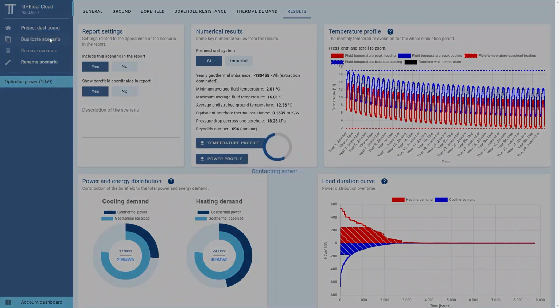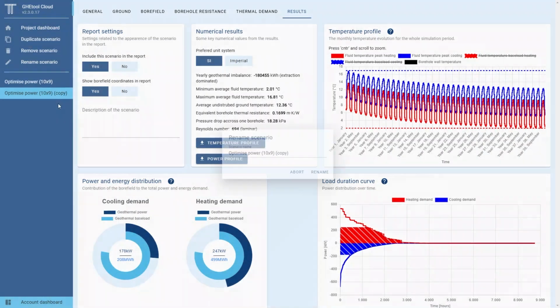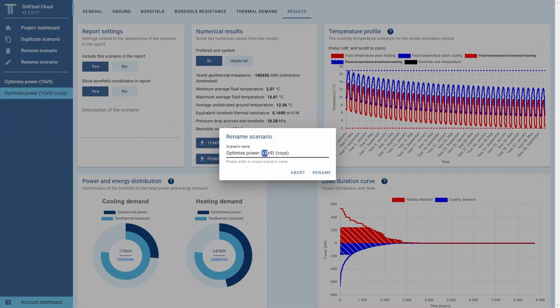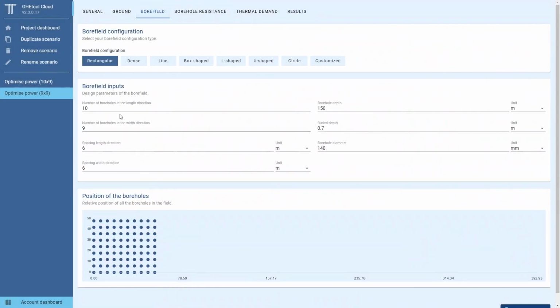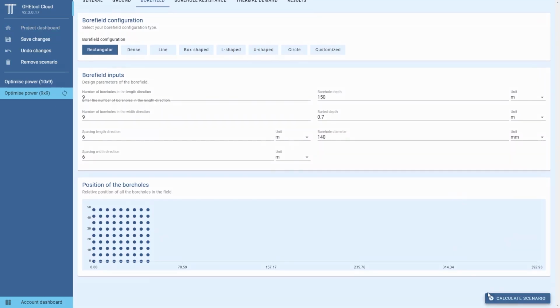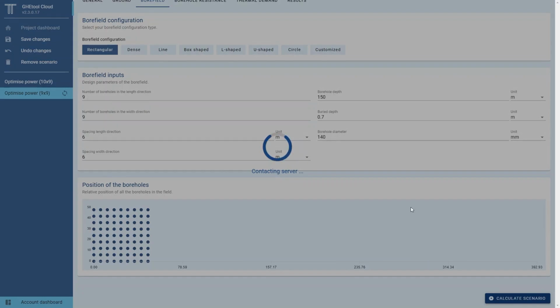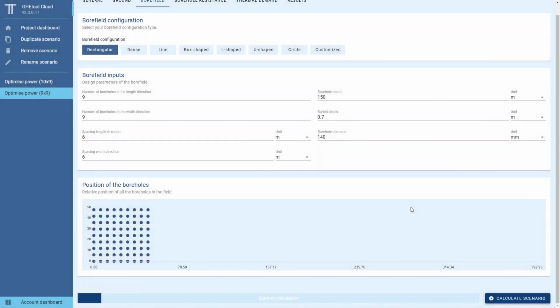So if we duplicate the scenario and we say, well, now use a 9/9, we rename the scenario. We go over to a bore field and we now say, well, it's a 9/9 bore field, and we optimize it again. We can see how the result changes.